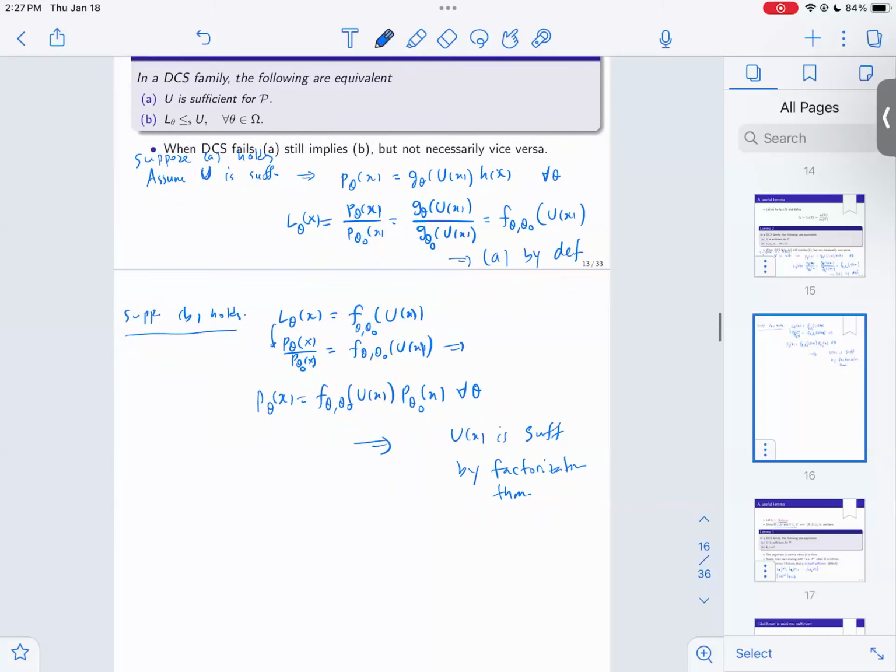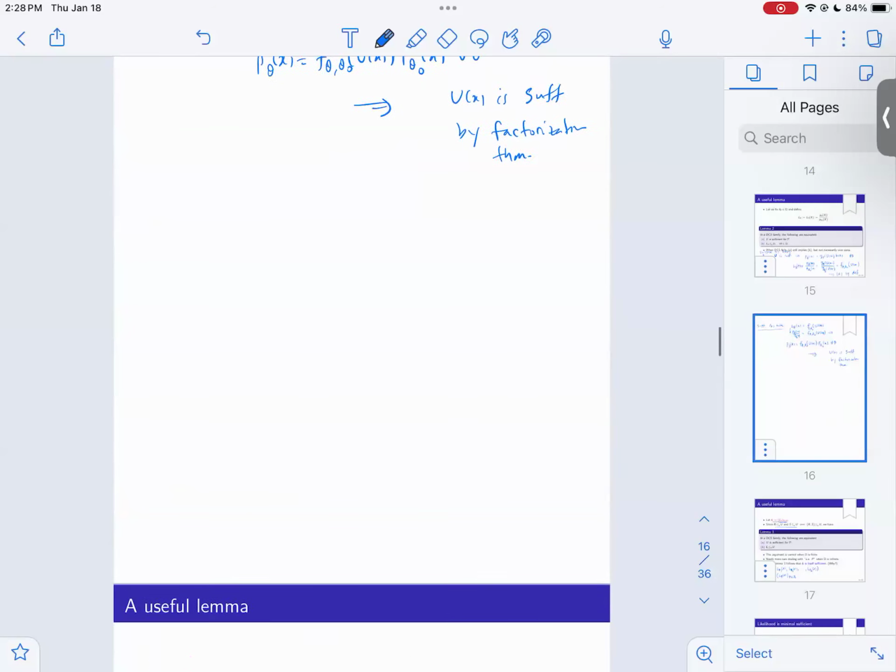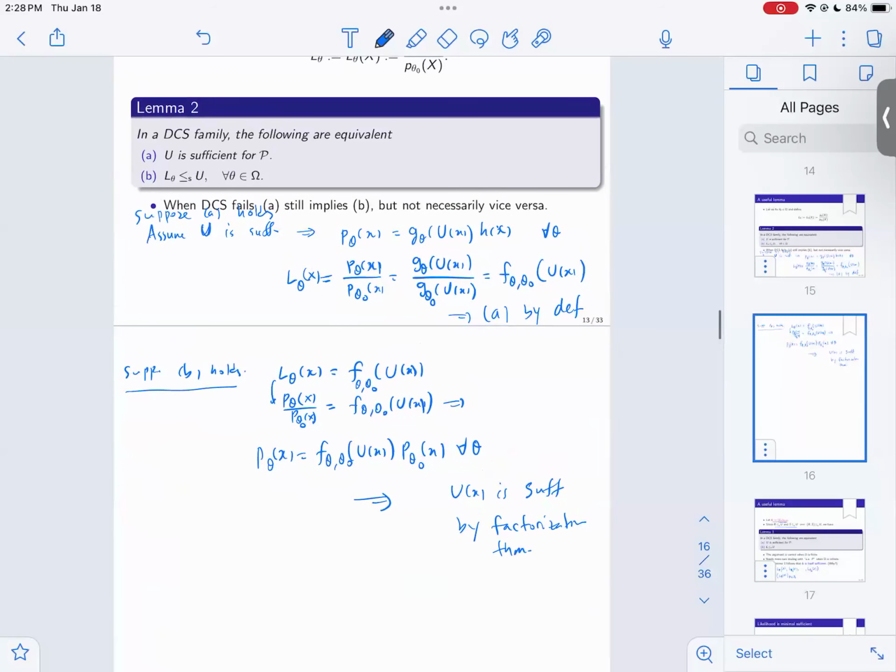I'm going to tell you at the end what happens if this fails. Let's figure out what happens if it holds. Then I'm going to talk about that. So this one fails. So this lemma fails. Do I have it somewhere? I do have it here.